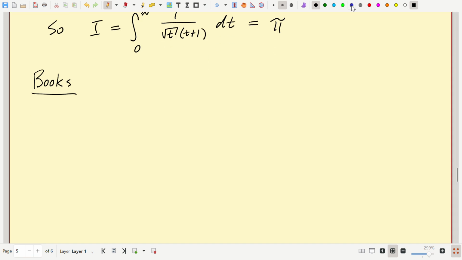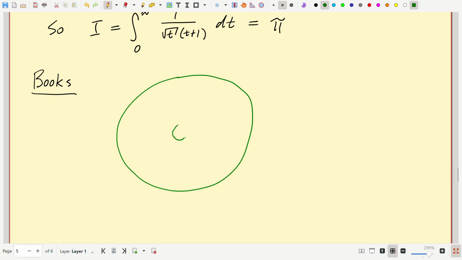Here's what they do. They take a contour that has a big circle and a little circle about 0, and then has a cut like this, and we go this way on the top and this way on the bottom.